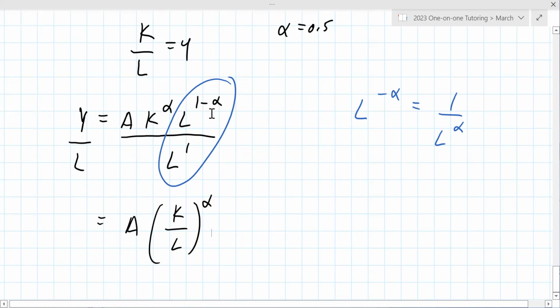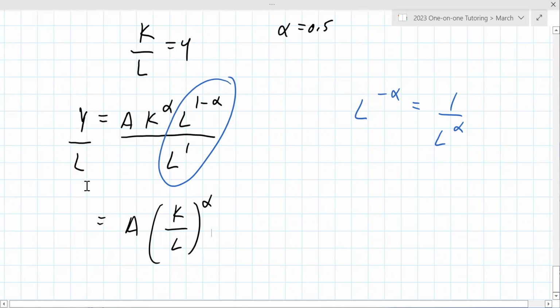Got it. And so how would I know to make it all over L? Oh, because it's per capita. Do I turn the original Cobb-Douglas into that? I'm not sure. This is the extent of how helpful I can be in explaining the equations.